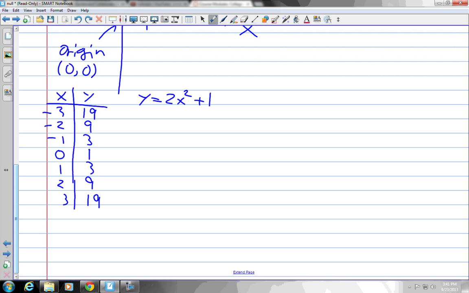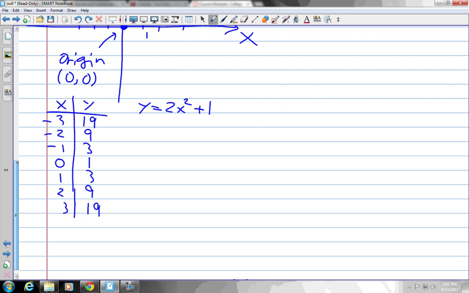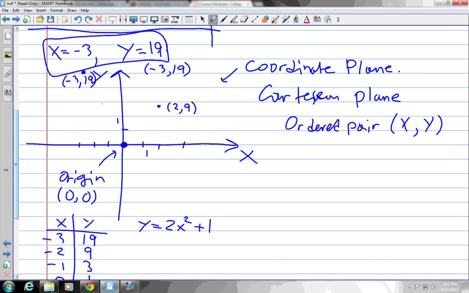I mean, you can double check. Do you understand how I'm getting the y values? Just plug those in. So if I plot those points, here's -2, +9, -1, 3, 0, 1, 1, 3. So I'll end up with something like that if I connect those points.